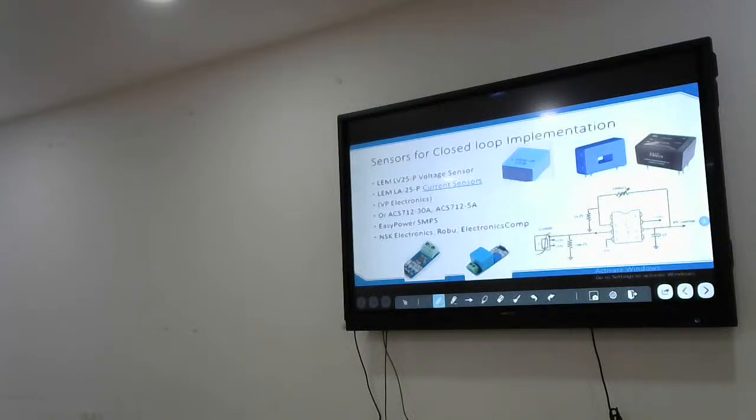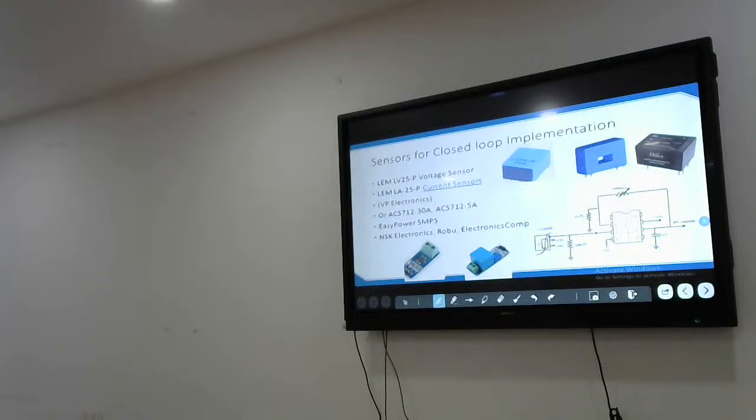Clear? If you are unable to do it, then complete signal conditioning boards are also available. One is VP Electronics, you can note down. Many vendors are there, but immediately I can tell VP Electronics is one. They give both sensors as well as complete signal conditioning boards.